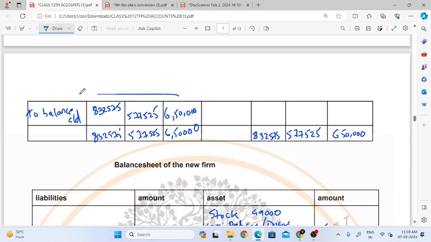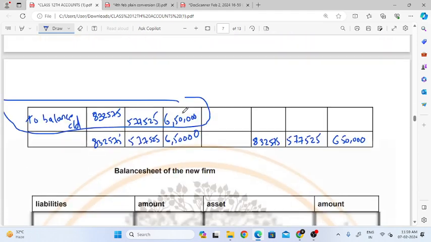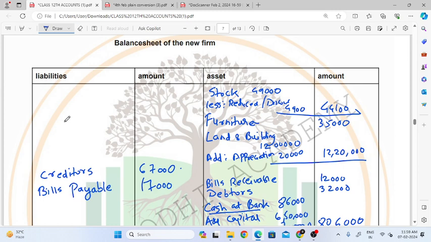Then whatever capital balances you got in the partners' capital account, you have to transfer. So these are the capital balances, right? Capital of Neil, Vani and Shiny. We all know that Shiny brought 6,50,000, so you can write down 6,50,000 over here.